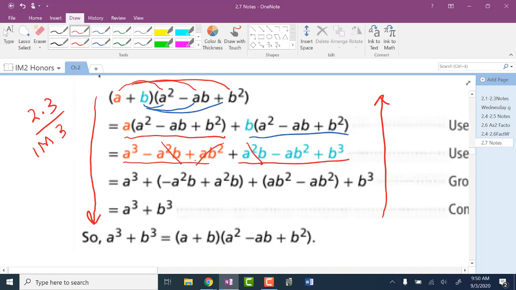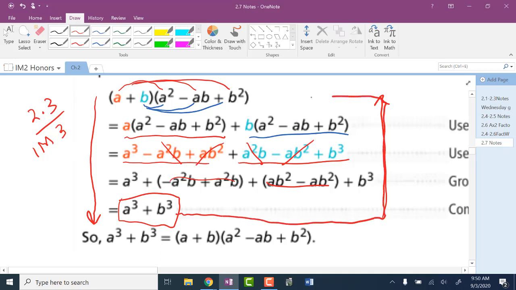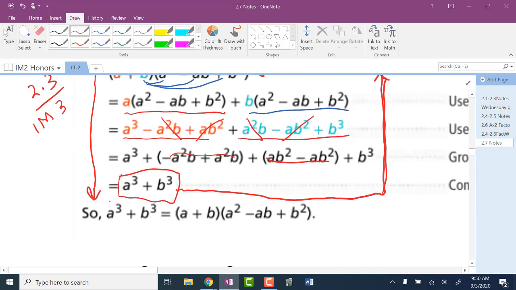I can put these two together and they cancel. And lo and behold, what I'm left with is a perfect cube plus a perfect cube. So therefore, when I factor a cubed plus b cubed, this is the factorization of it. And they have that written right here. This, consider that a formula.